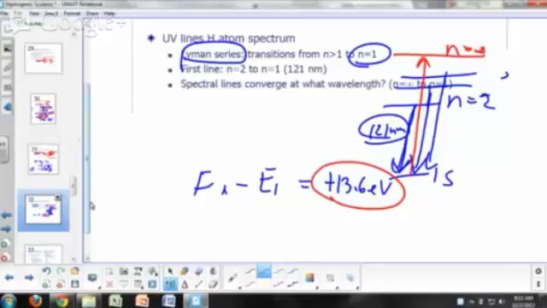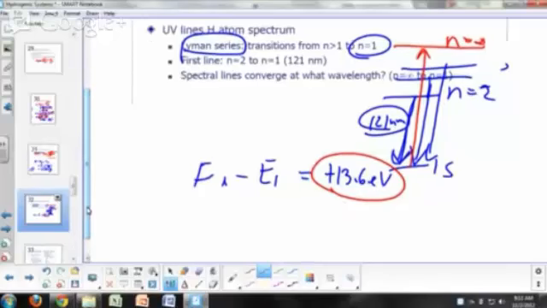So you just convert that photon energy of 13.6 electron volts, E infinity minus E1, to wavelength, and that will tell you what wavelength of light you need to knock off an electron from the 1s orbital of hydrogen.